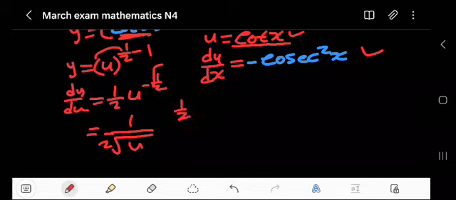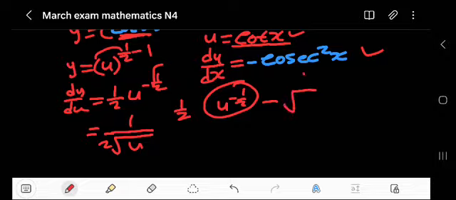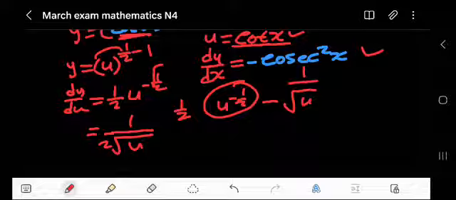You can rewrite u to the minus 1 over 2 as 1 over the square root of u, still over 1 like that.